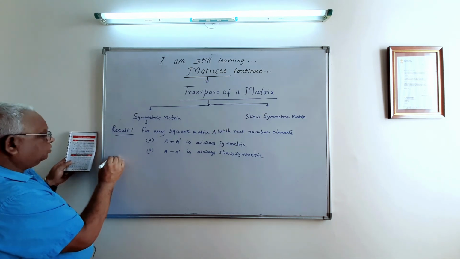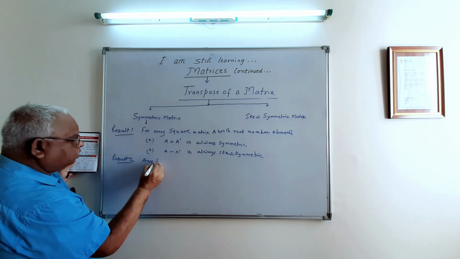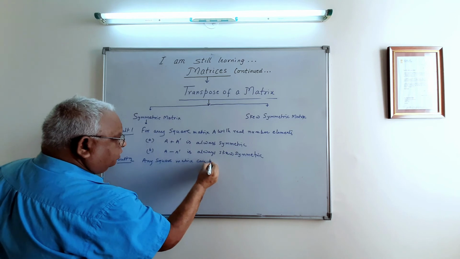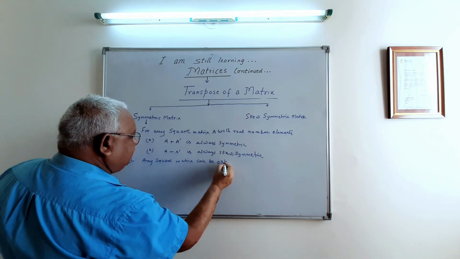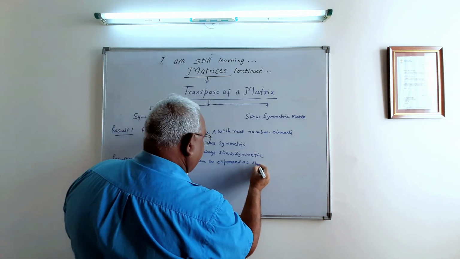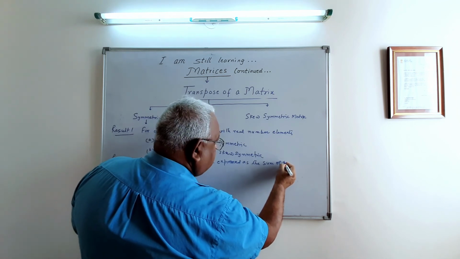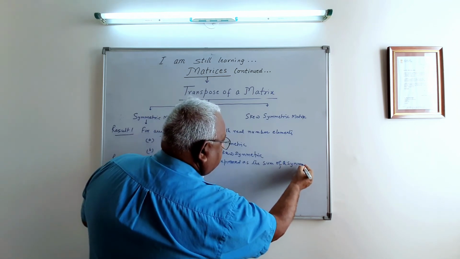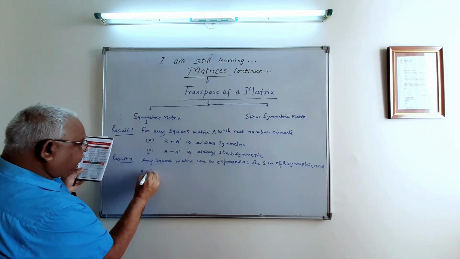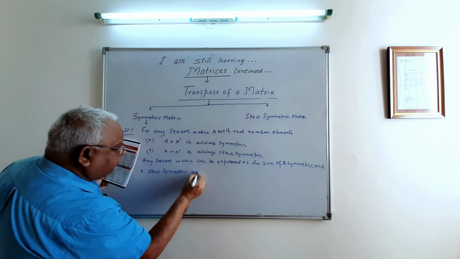So result number 2. Any square matrix can be expressed as the sum of a symmetric and a skew symmetric matrix.